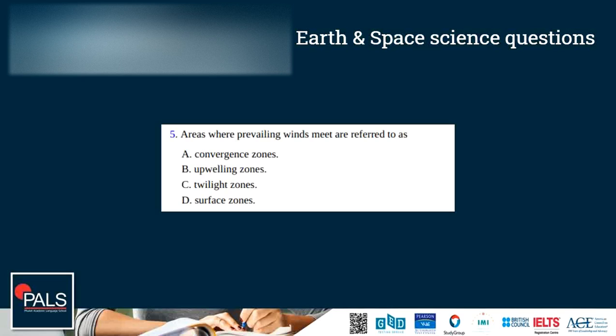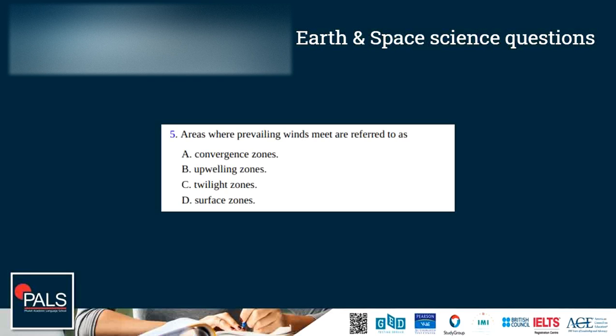Convergence means coming together, so knowing a little bit of these terms, what it means to converge, to come together, would allow us to guess the correct answer probably here as well.